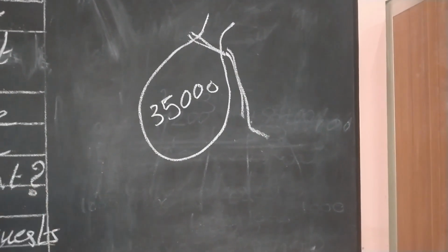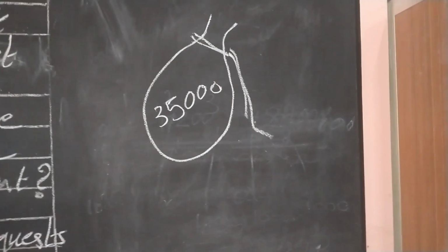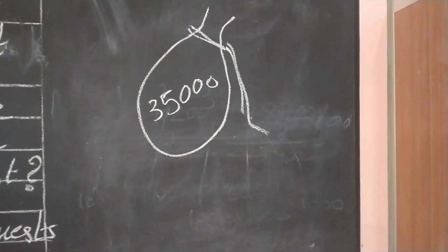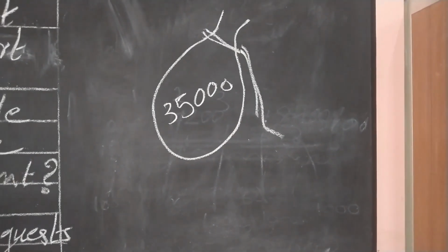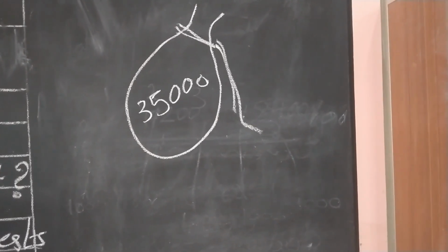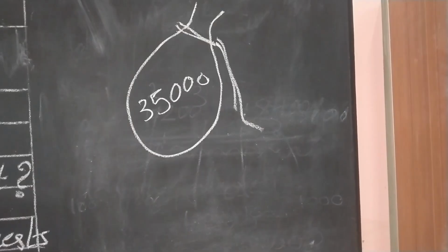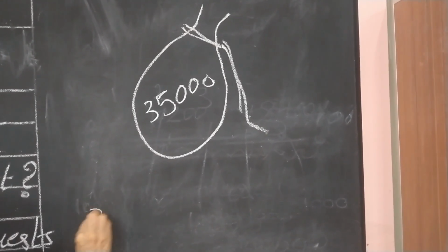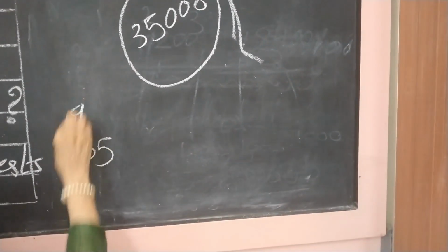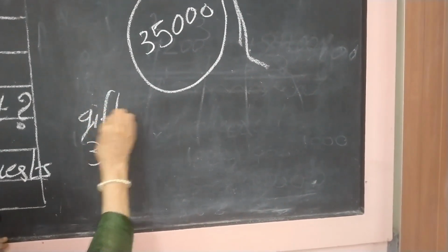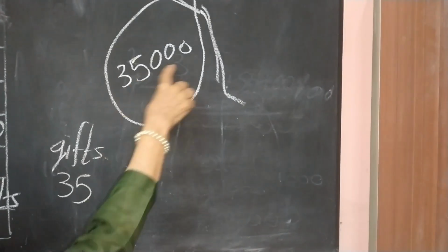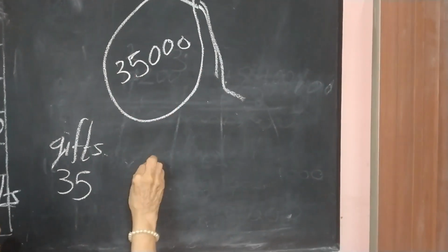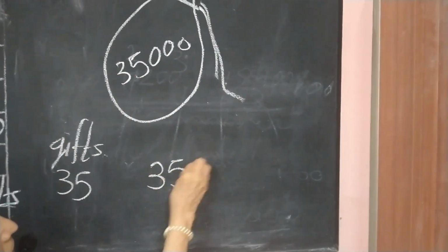From this purse or batua, I have to take out money for paying for return gifts. And there are 35 such individuals, and hence I have to buy 35 gifts. And the total money that I can spend is only 35,000.